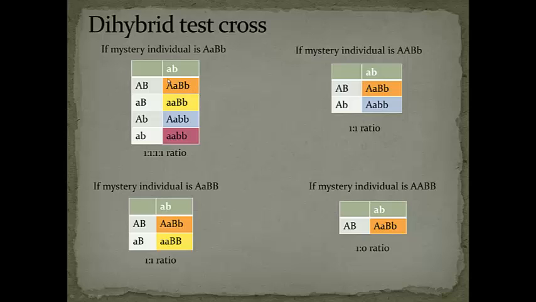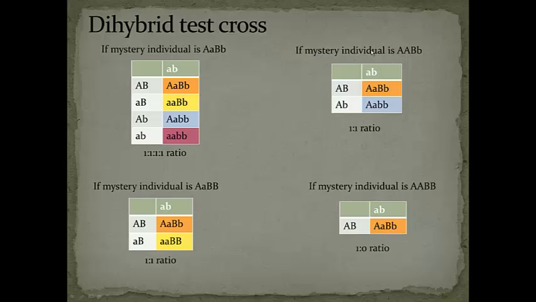A quarter of your offspring are going to display both dominant phenotypes. A quarter are going to display the first phenotype recessive, the second phenotype dominant. A quarter are going to express the first phenotype dominant, the second phenotype recessive, and the last one's going to express everything recessive. If your mystery individual is homozygous dominant for both traits, then all you're going to have is the dominant phenotype.